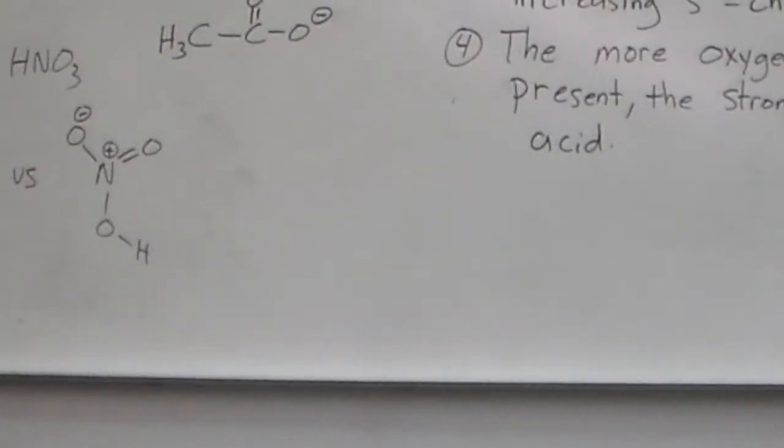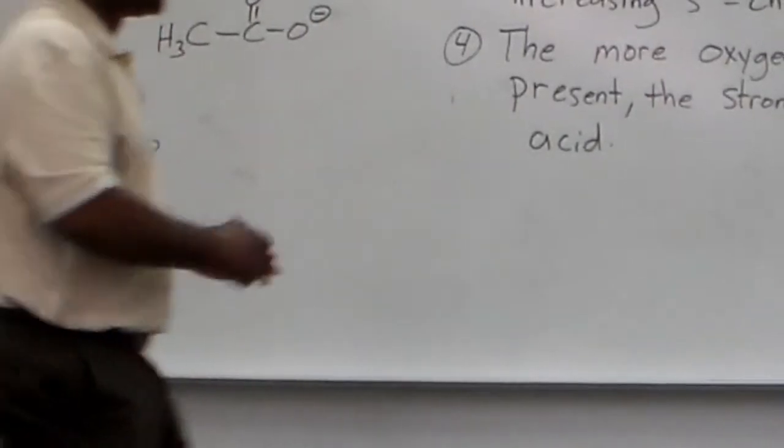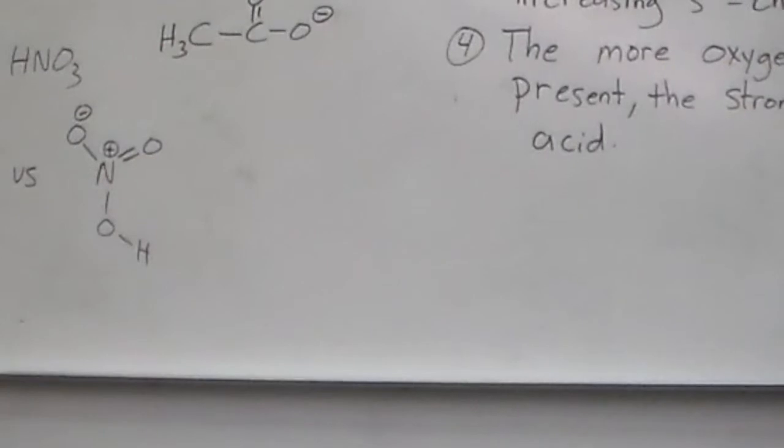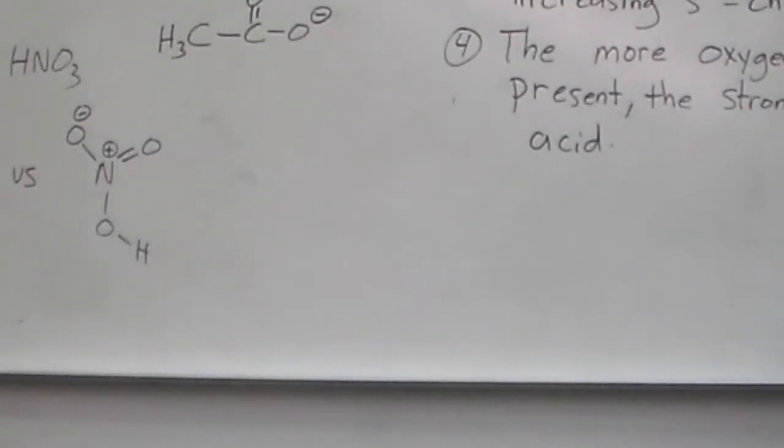if you're drawing them out, it's not S versus N as far as rule one, because the H is not attached to the sulfur, nor is the H attached to the nitrogen. The H is actually attached, in both cases, to an oxygen atom. So if I use the first rule, I got OH. I can't distinguish between these as far as rule one, rule two, or rule three.